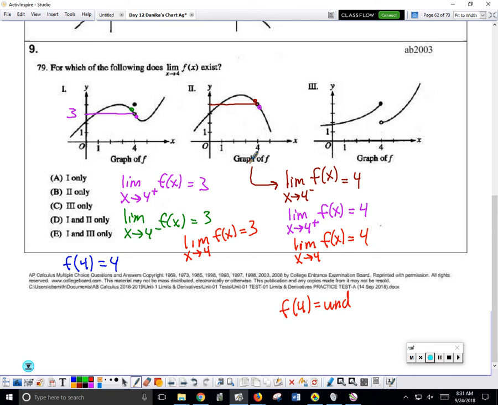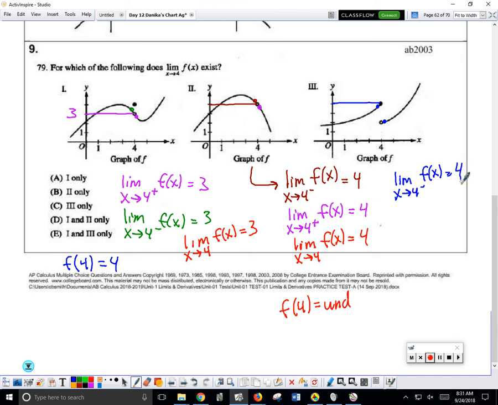The last one, if you try the left and right limits, they will not match. The limit from the left, as x gets close to 4, would equal 4.